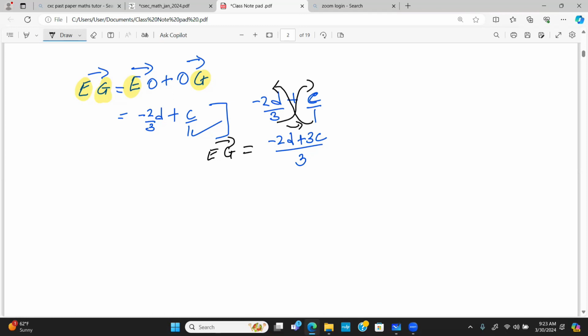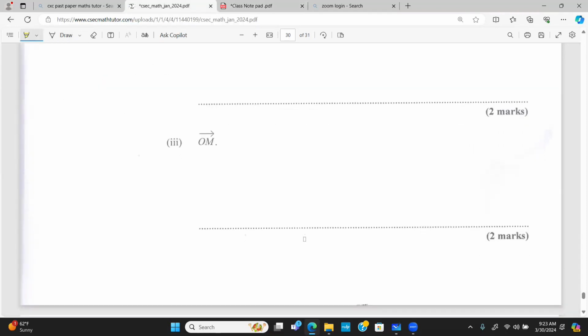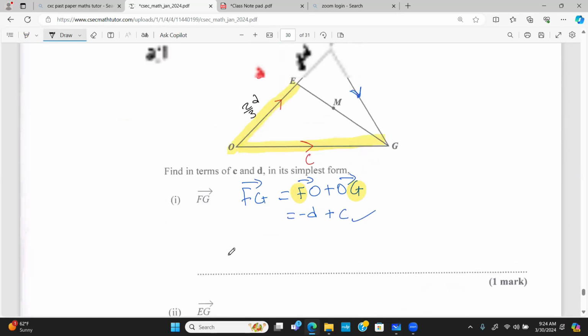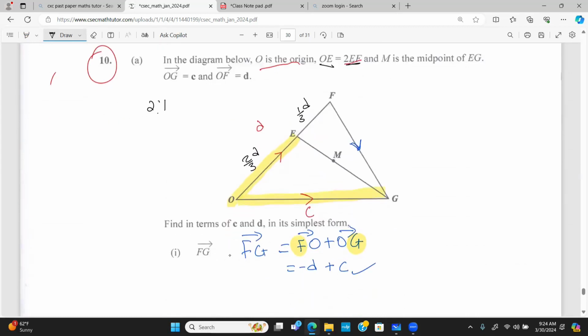As you could see, we want to find OM. All right, so let's take a look. If we're going to find OM, we're dealing with this. So that is our OM. But if I take my triangular walk, I can find OM a number of ways. I'm just going to take this route.